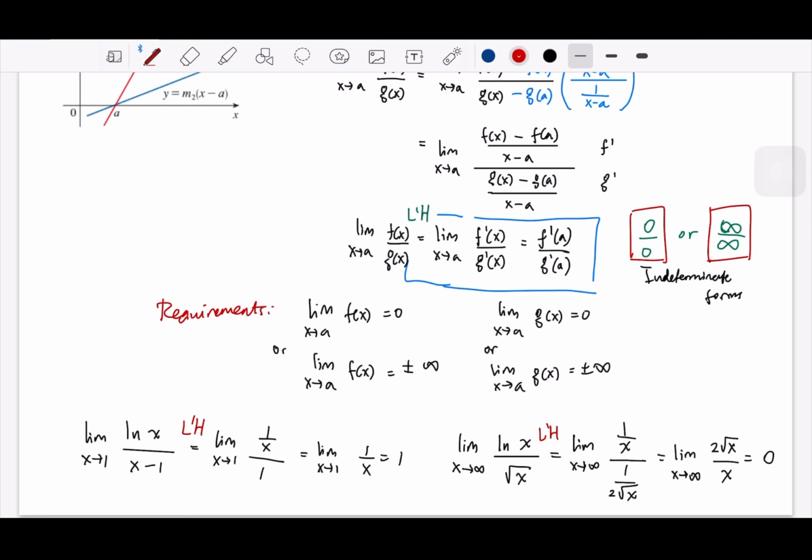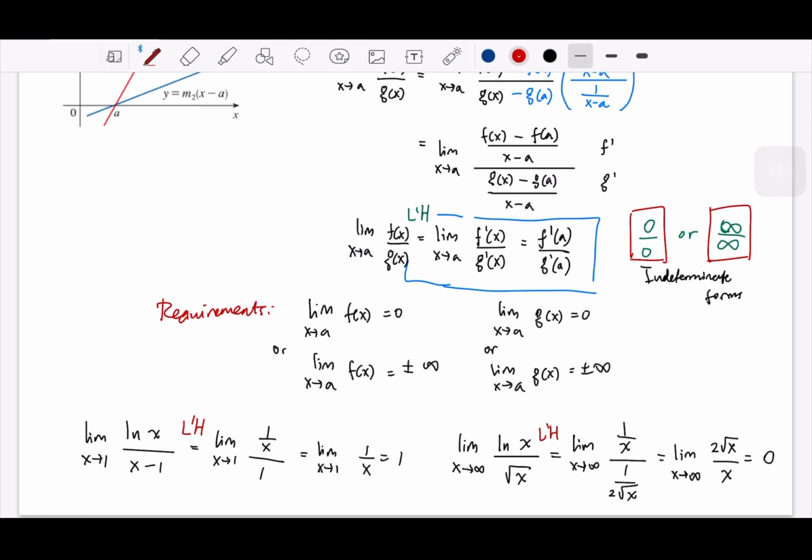For example, you have ln x over x minus 1, and you have the limit as x approaches 1. When x approaches 1, it's going to be ln 1, which is 0, and then 1 minus 1 is also 0, so it's 0 over 0. So you can take L'Hôpital's Rule, which means that the derivative of ln x becomes 1 over x, and the derivative of x minus 1 becomes 1.